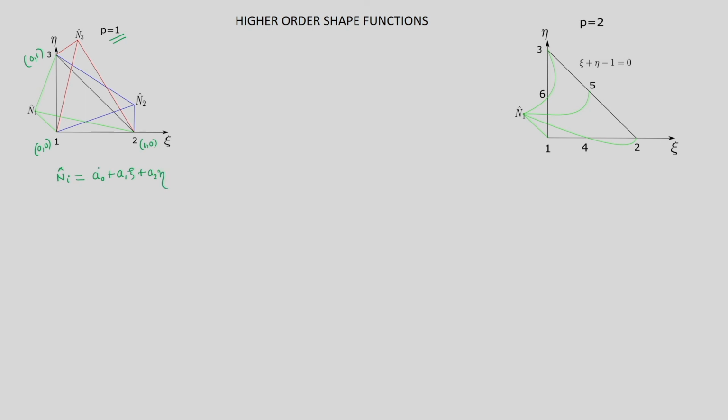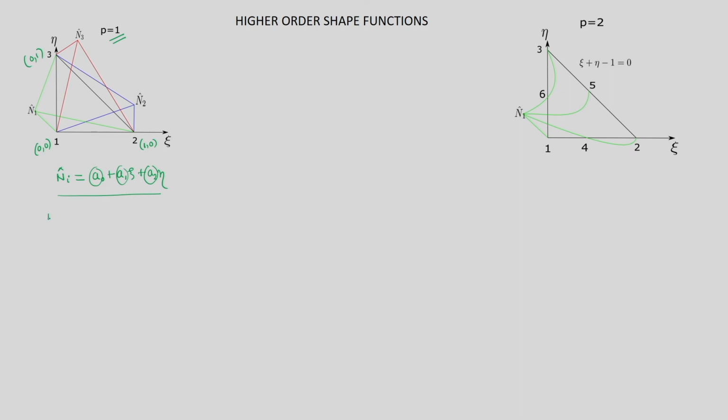Now in order to find these 3 coefficients, we took 3 points, that is the 3 vertices of the element as nodes, and we defined the value of each of the phi i's at these 3 nodes, and we got 3 equations to solve for. So without doing that, we can construct these Ni's just by looking at the construction of the shape functions.